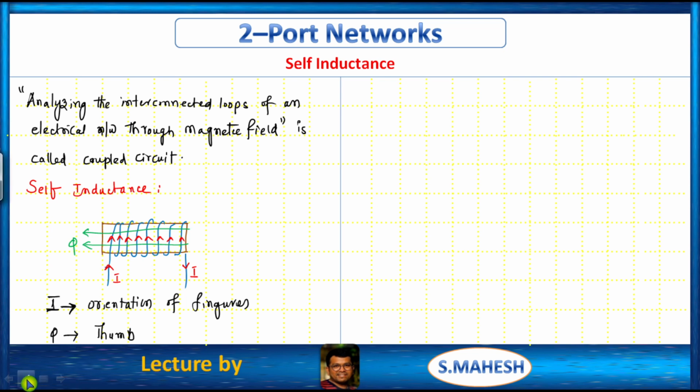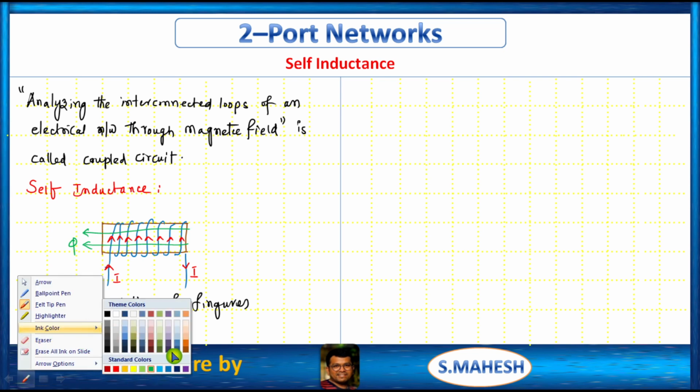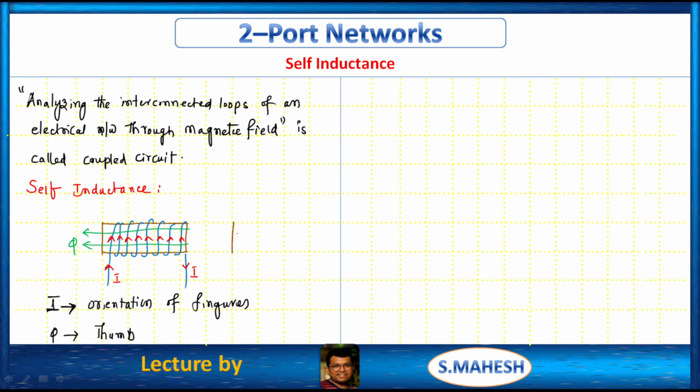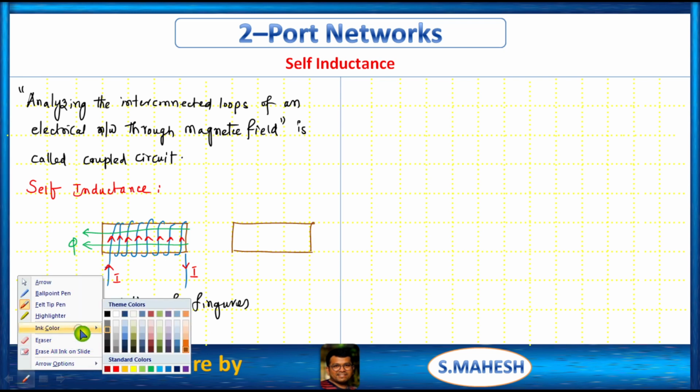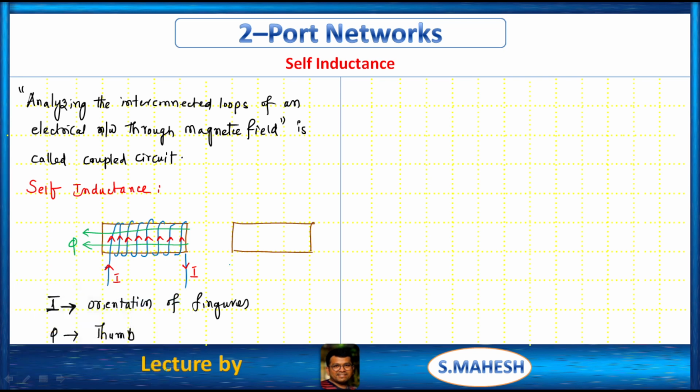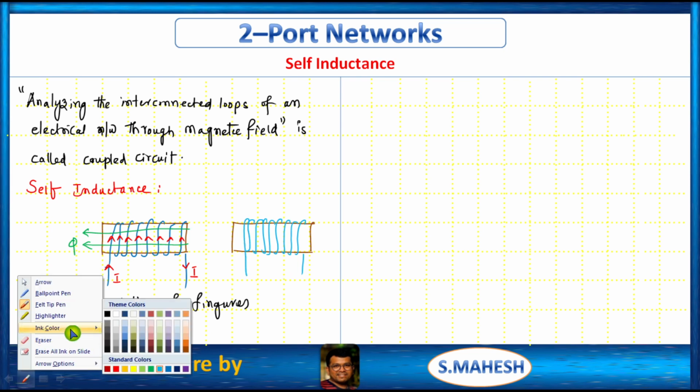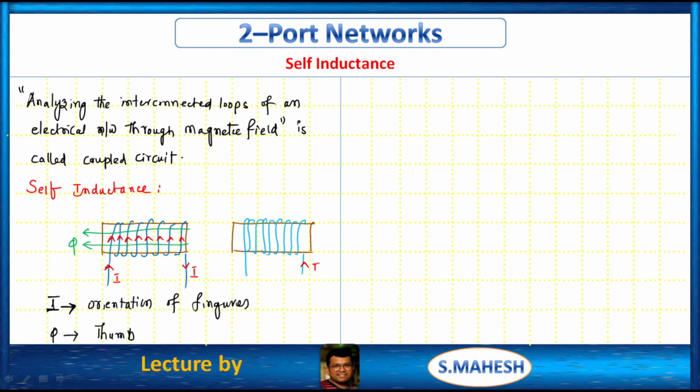For example, if we have another conductor, in that also we are having current. Let us say, like this, the current entering from another end and leaving from this end.